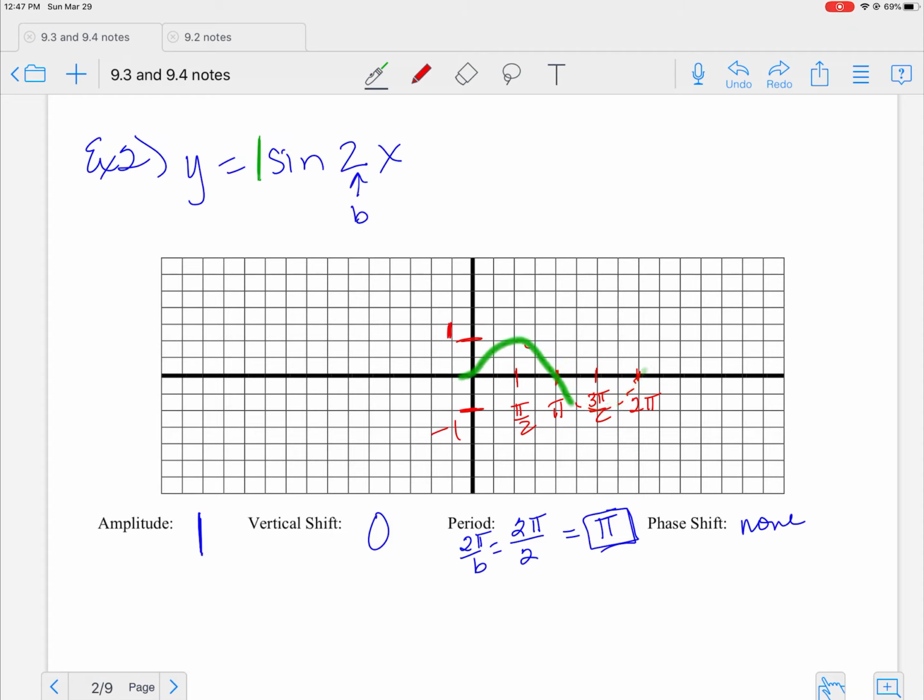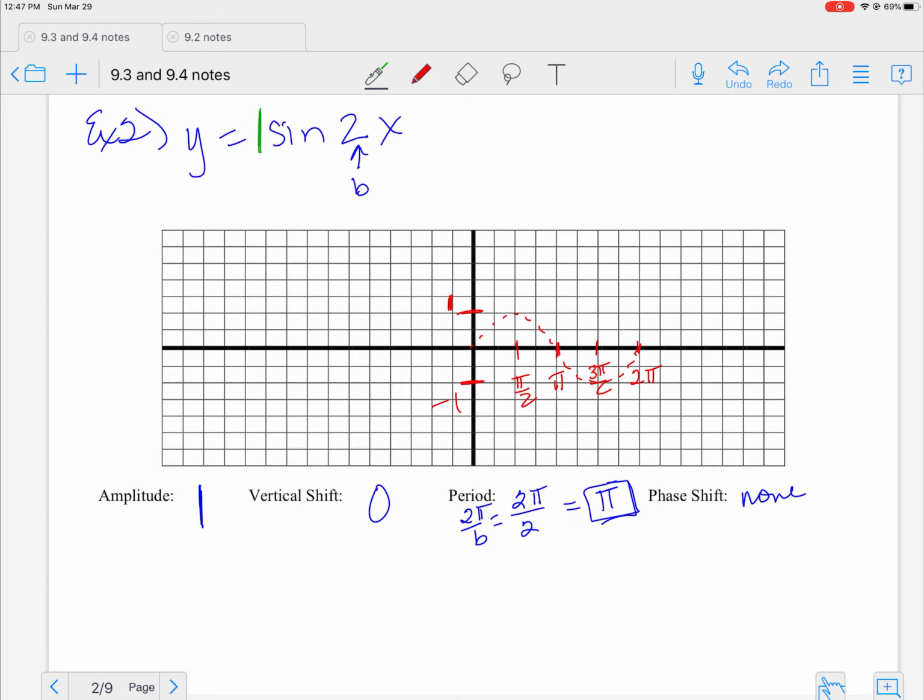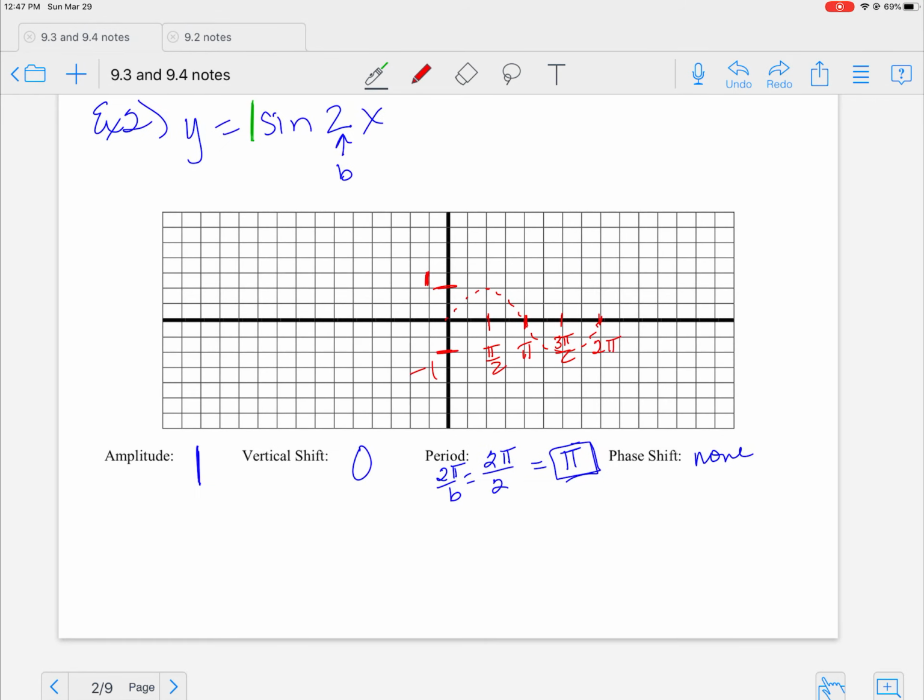Instead of having the full 2 pi period, I'm now going to take this entire graph, smash it inward, and my entire graph is now going to be just from 0 to pi. Do you see what happened there? That's that horizontal squish, this period shift.